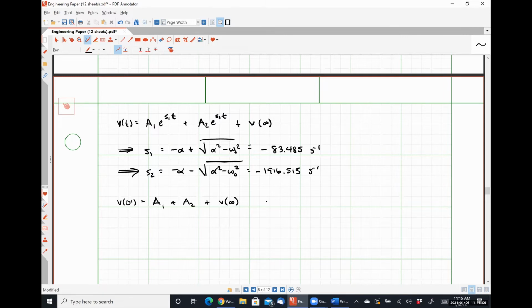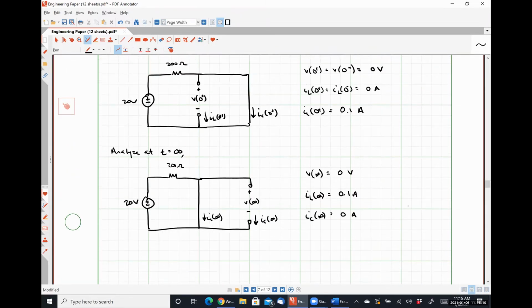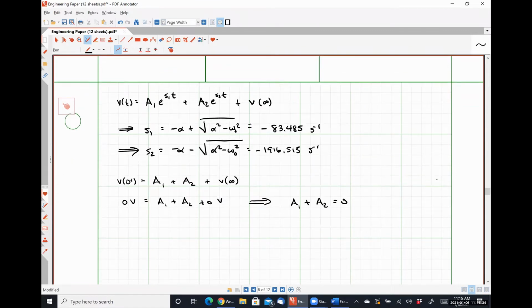So this means that we're going to have, let's see, what was V at 0 plus? 0 volts is equal to A1 plus A2 plus 0 volts, gives us A1 plus A2 is equal to 0. I feel like I've made some dumb mistake here, but I don't see what it is, so we shall see.